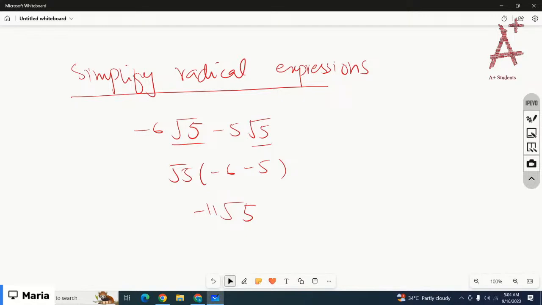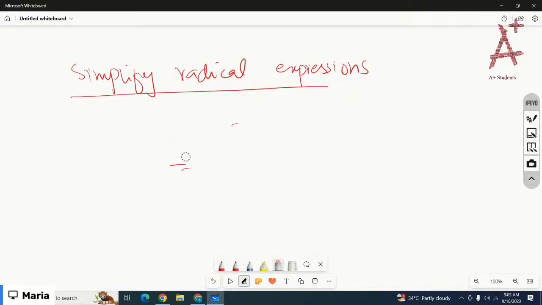Okay, let's just do another example. So the other example is you have to simplify, right? Okay, the next one is 150 r exponent 8 and you have to simplify, right?